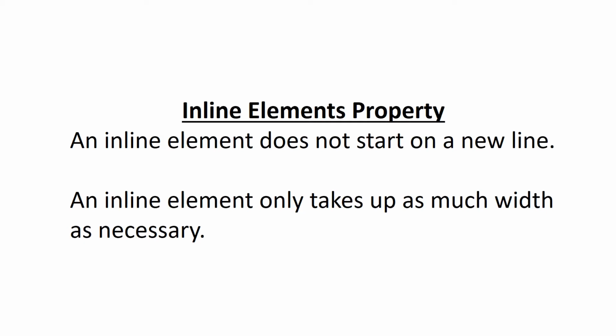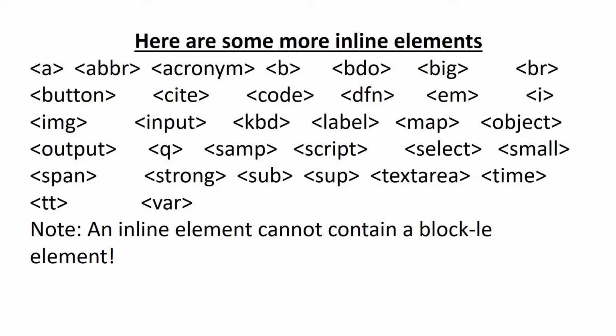If you notice, an inline element always joins to another element. These are some examples of inline elements, like the A tag, which is called the anchor tag. We have the image tag and the input tag. Just take note of them and how to use them.